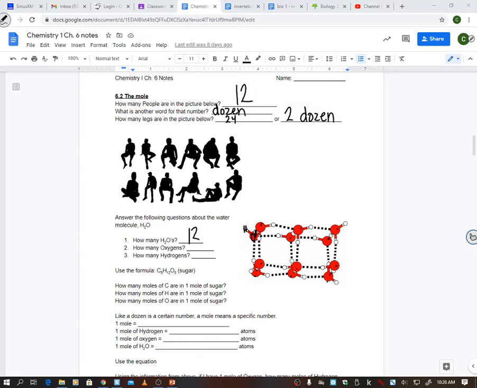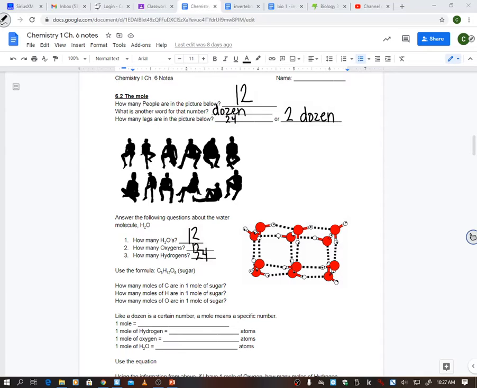Well, the oxygens are the red element here. So 12. It's the same as the people, right? Now, how many hydrogens are there? That's the white. So let me erase some of this. 1 through 24. 24. It's like the people we saw.